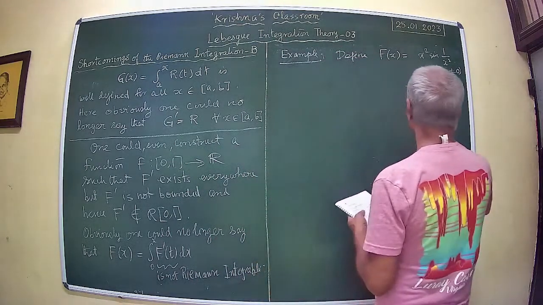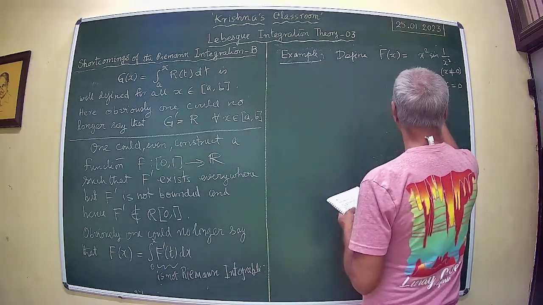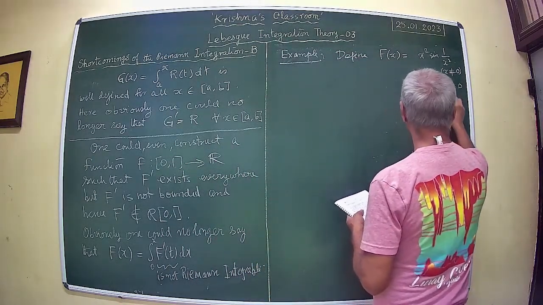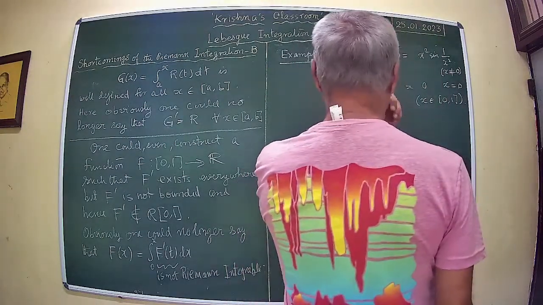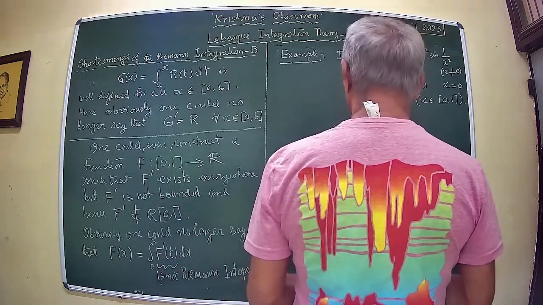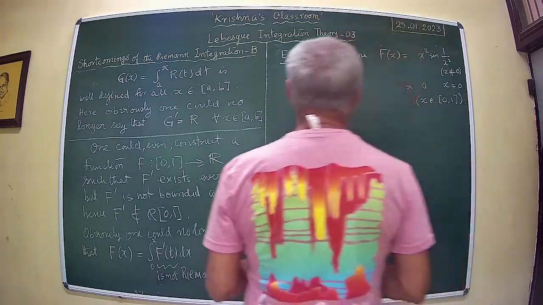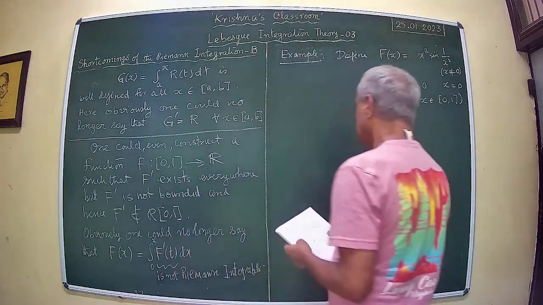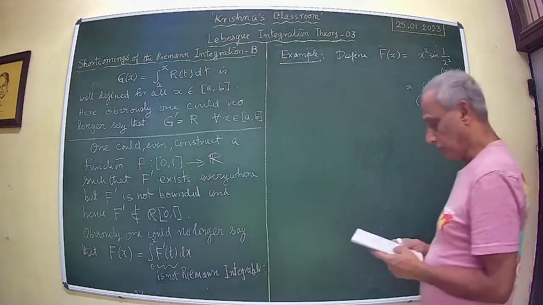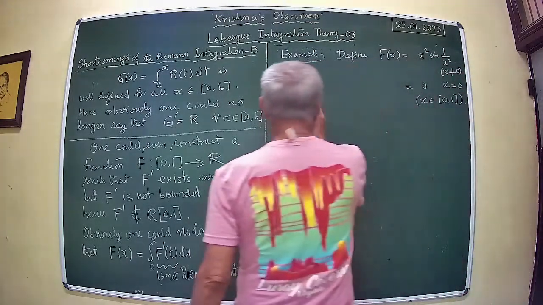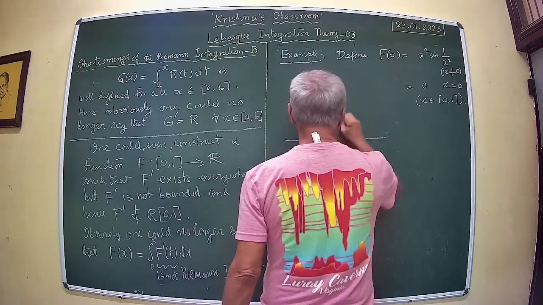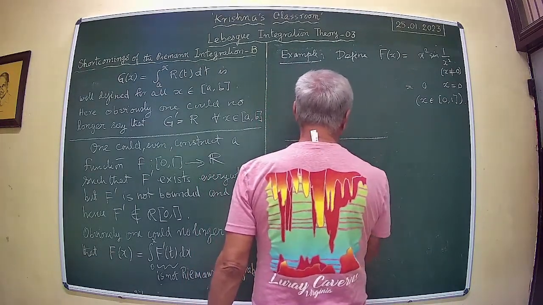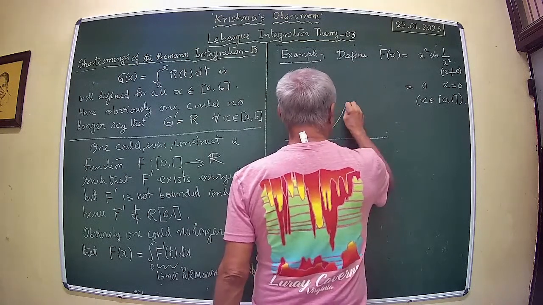And of course, you take x belonging to an interval containing 0. Now, you see that this function very rapidly oscillates. The graph looks something like this.